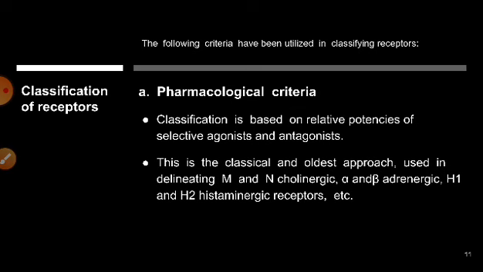For example, muscarinic and nicotinic cholinergic receptors, alpha and beta adrenergic receptors, H1 and H2 histaminergic receptors, etc. They all have been divided on the basis of pharmacological criteria. Usually, their relative potencies are checked, and on the basis of their relative potencies, the division can be done.